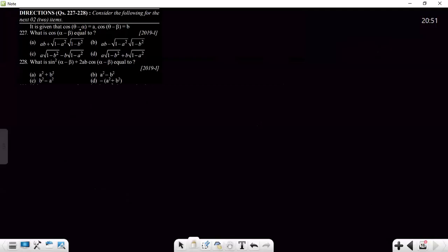It is given that cos of theta minus alpha is A, cos of theta minus beta is B. We need to find out cos of alpha minus beta.